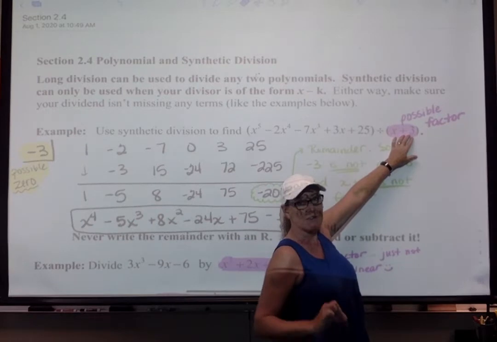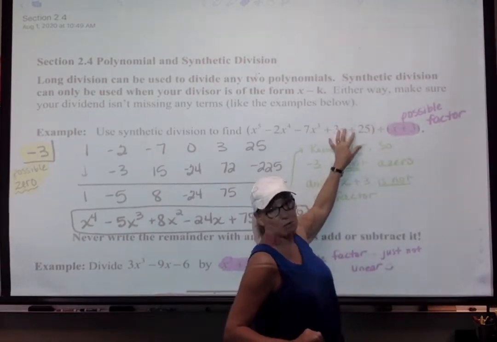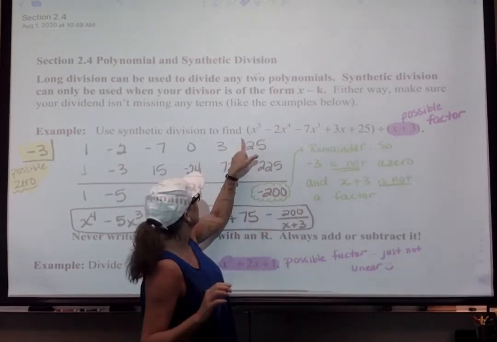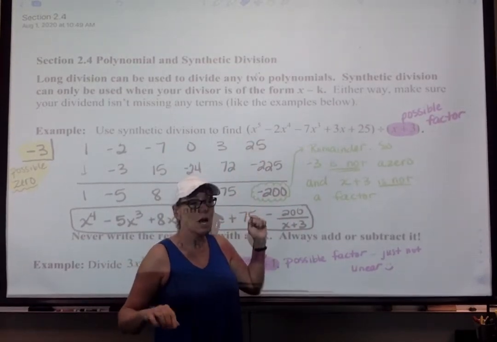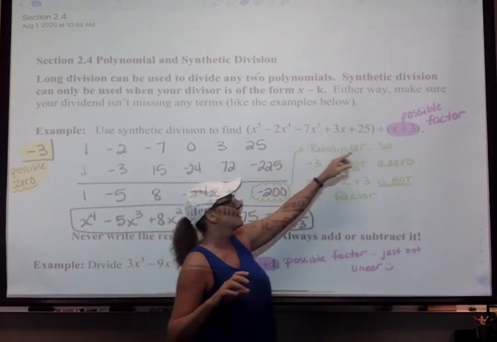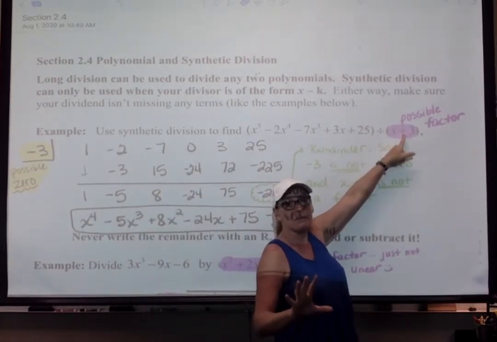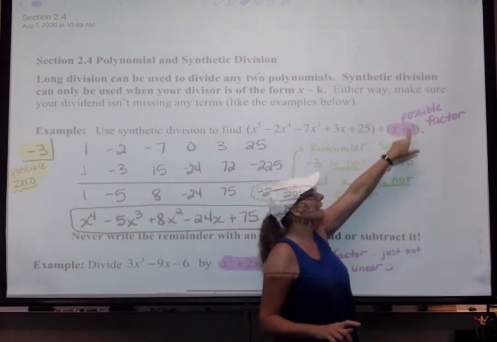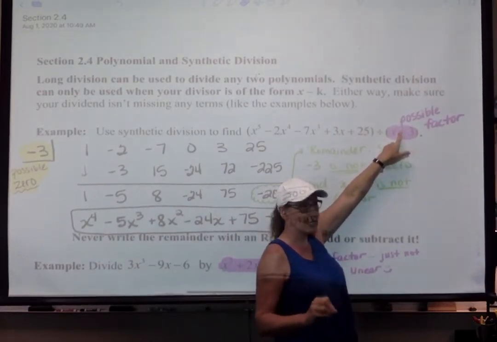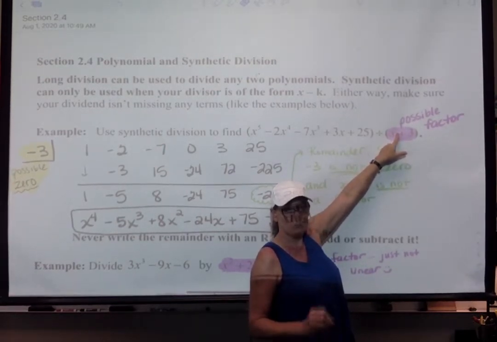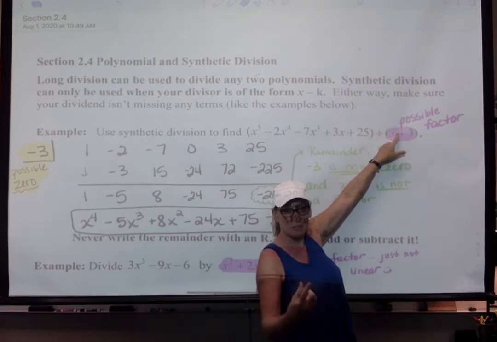This might be a factor of this polynomial. I'm not sure. How good are you all at factoring 5th degree polynomials? I'm going to guess not very good at all. But I think this might be a factor. Let's check it out and see, okay? So this is a possible factor. If this is a factor, -3 would be a 0, a root, a solution, an x-intercept. That should make sense to you.